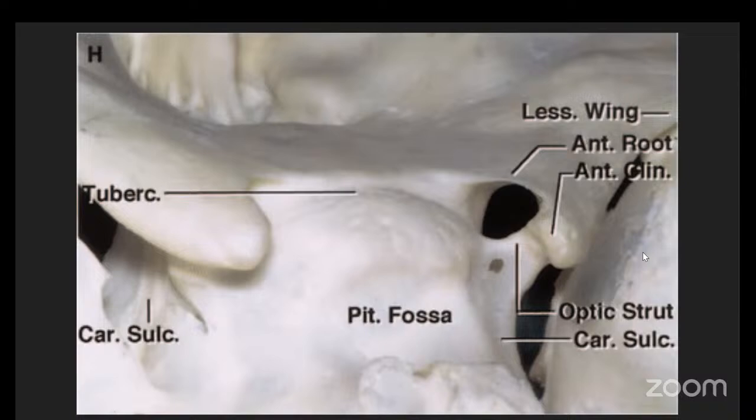So if you end up taking the anterior clinoidal process out, the optic strut is going to be the last segment of the bone that you would take. Once you take this, this can be completely fractured away. There is another technique in which some people prefer taking away the optic strut first so that the ACP can be fractured away without too much drilling, but that's for the surgical discussion.